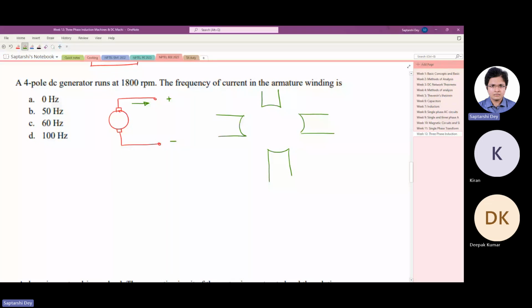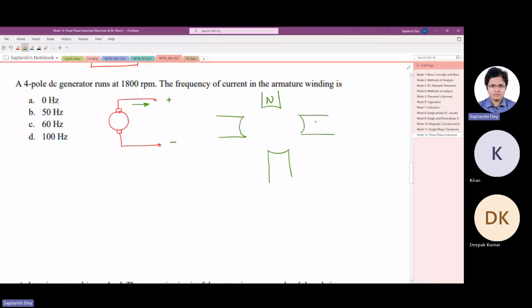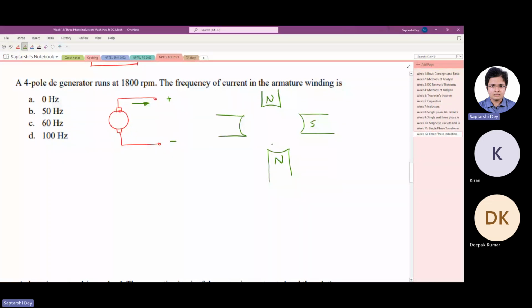Commutator is on the armature, which rotates, and brush gear is on the commutator, and it collects the energy from the commutator. And the armature winding terminals are connected in the commutator. Now, if this is a 4-pole DC machine, then the poles look like this.